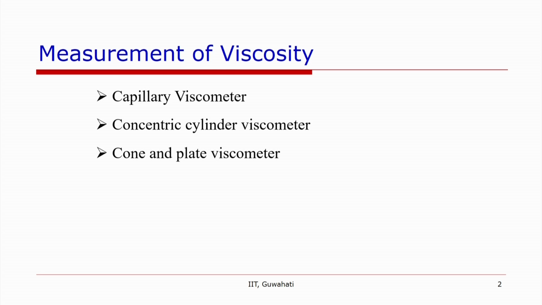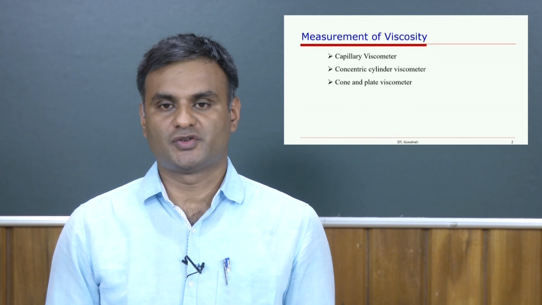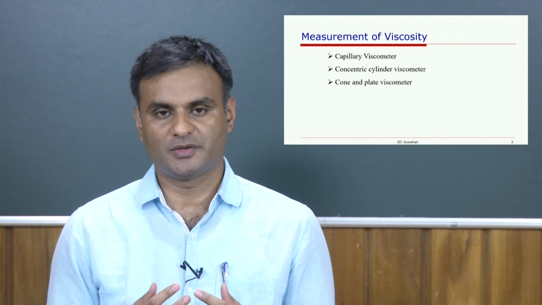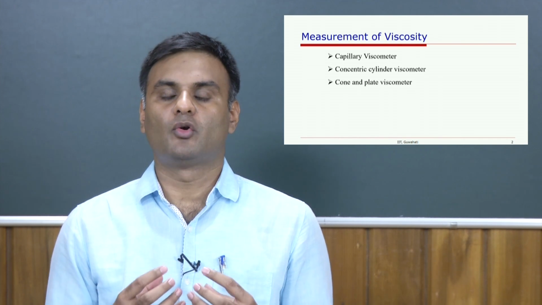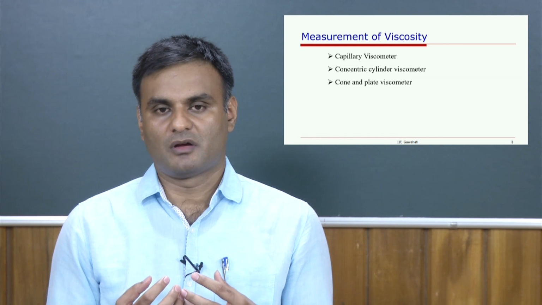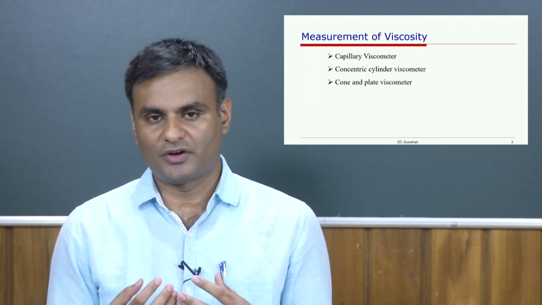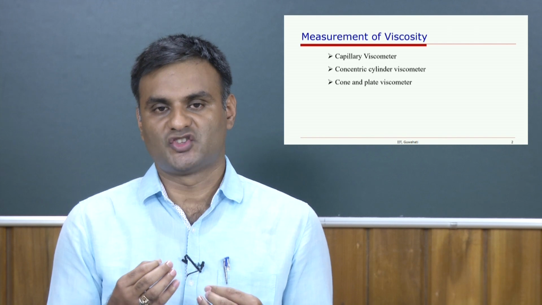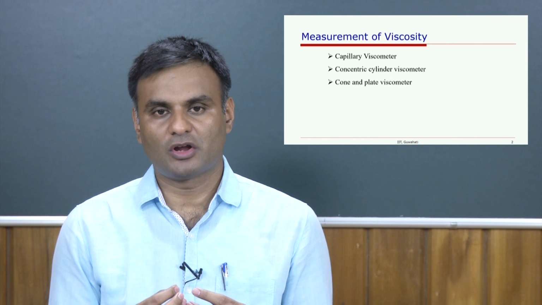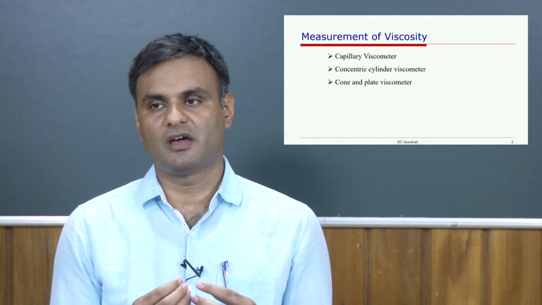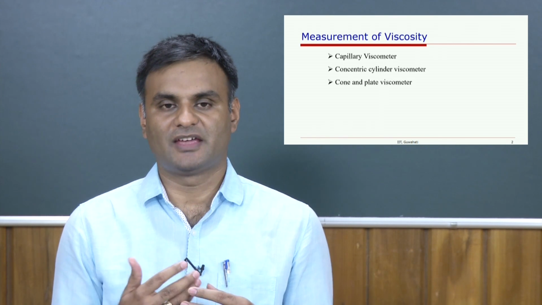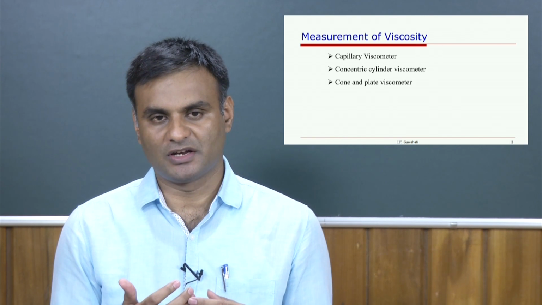Capillary viscometer basically works on the Hagen-Poiseuille principle. The liquid flows through a small capillary, so that the channel is small, the Reynolds number is small, the flow becomes fully developed, and the exit and entrance effects can be neglected.